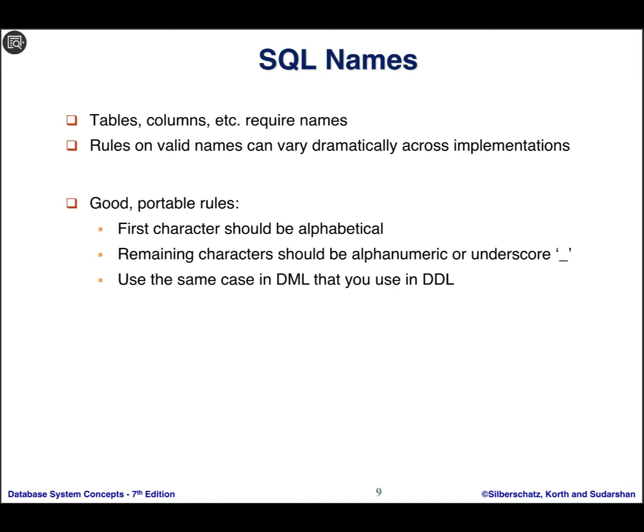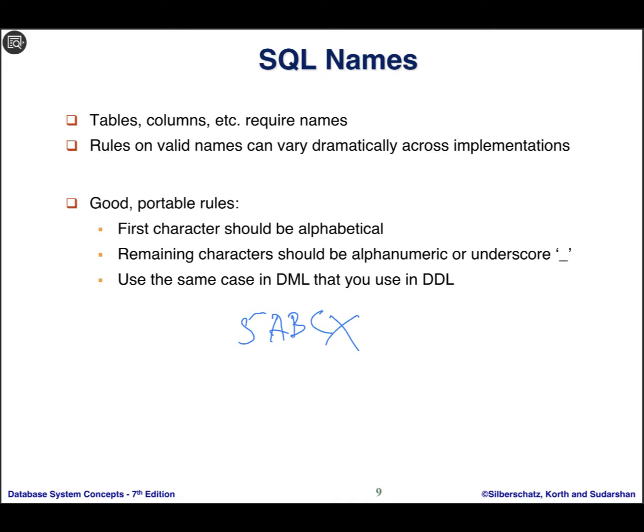So the good practice is to follow portable rules, which means you can migrate data from one database to another if you follow this. When I say database, I mean the database management system. The first character should be alphabetical, and the rest can be alphanumeric or underscore, whatever you want. So, for example, 5ABC is wrong; it's not a valid name.